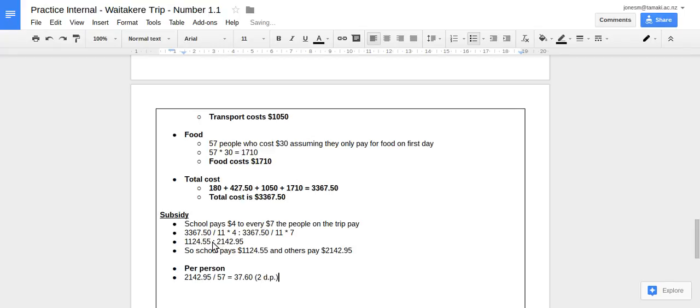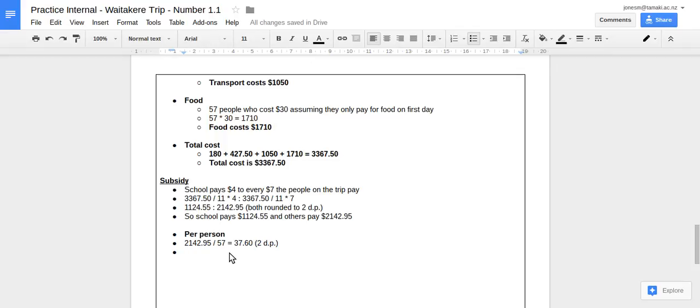I'm also going to say these are rounded to 2dp. So per person, that's how much everybody paid.